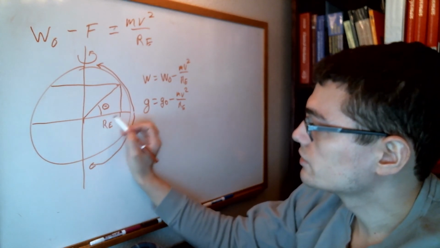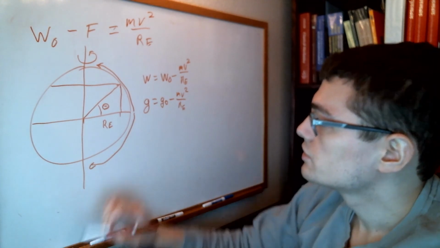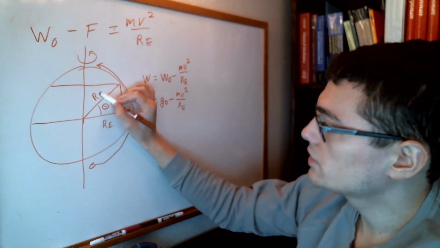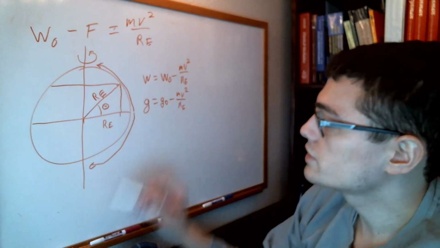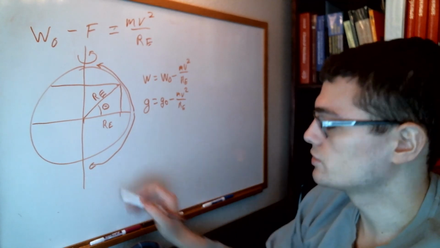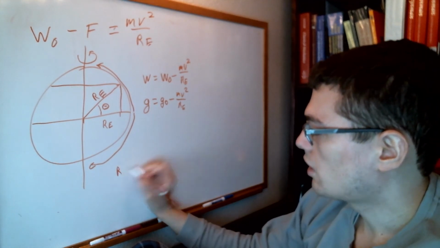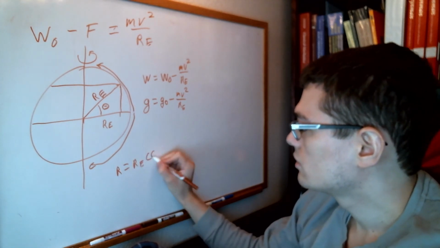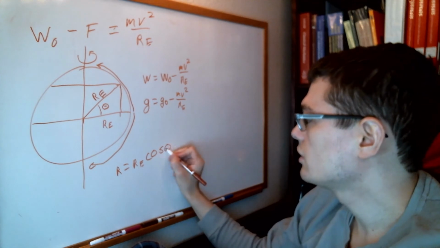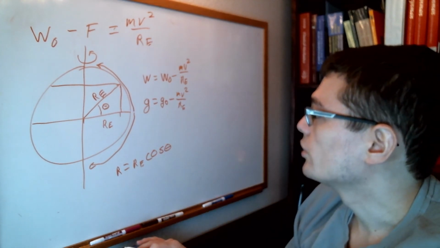This is R_E at any point, and we have our hypotenuse and want to find our adjacent, which means we use cosine. So R is going to be equal to R_E cosine theta, and this will be your R at any point.